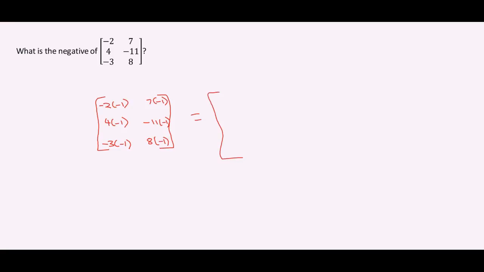So you're going to notice that the sign on each of these entries is just going to flip. So this is going to give us 2, negative 7, negative 4, 11, 3, negative 8.